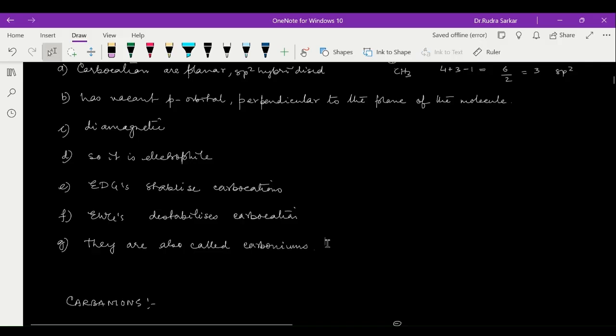So carbon, when it has a positive charge, is called a carbonium ion. Nitrogen, when it has a positive charge, is like the ammonium ion. Phosphorus, when it has a positive charge, we say phosphonium ion. Similarly, sulfur, if it has a positive charge, we will say sulfonium ion.